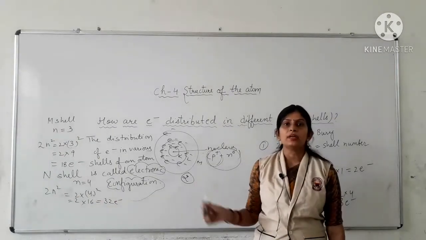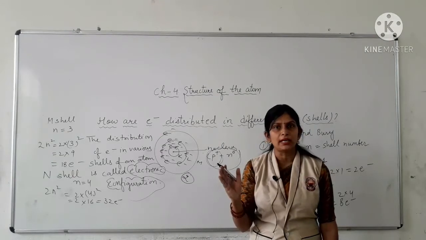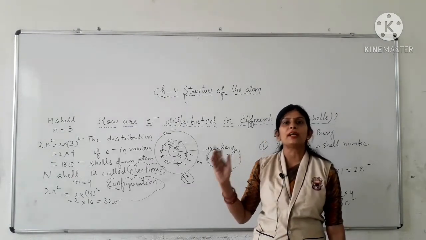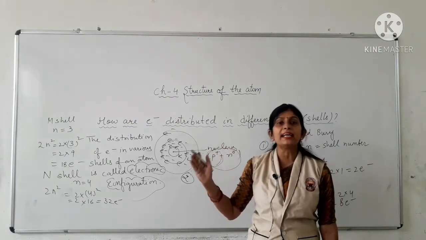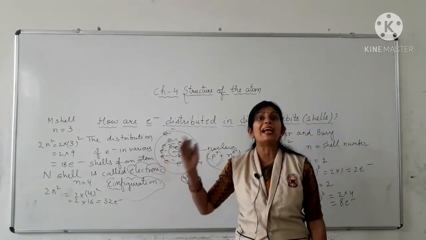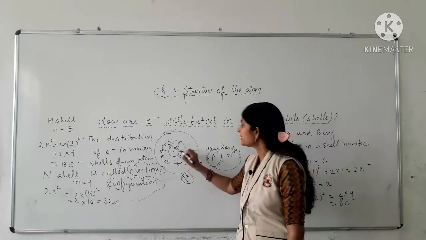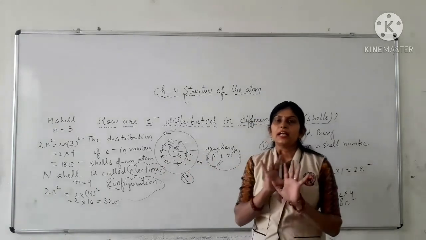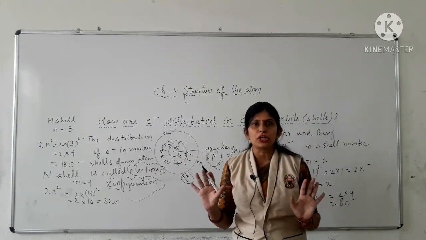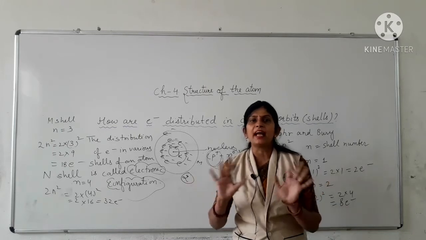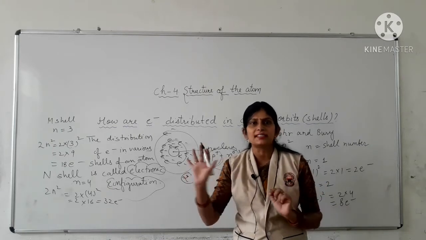Now second rule: in case of the outermost shell, the maximum number of electrons that can be accommodated in any outermost shell or last shell is 8, except K shell, because if K shell is the outermost shell, then it can have maximum 2 electrons, that is its capacity.